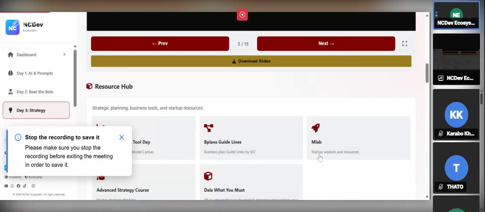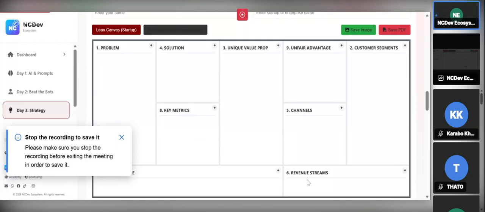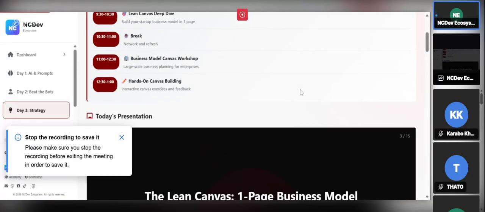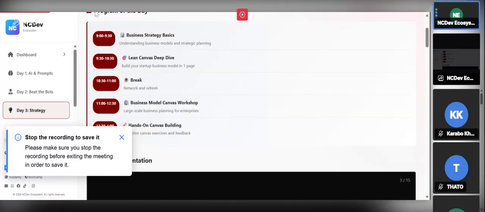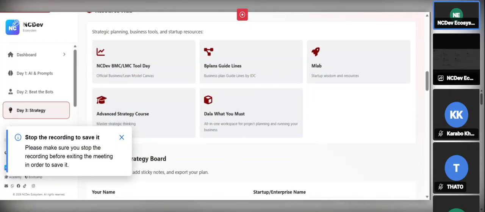So the first thing we're going to do is dive into the lean canvas model and try to understand it. On the website ncdev.co/academy, on day 3, after the resource hub, there's an interactive strategy board.